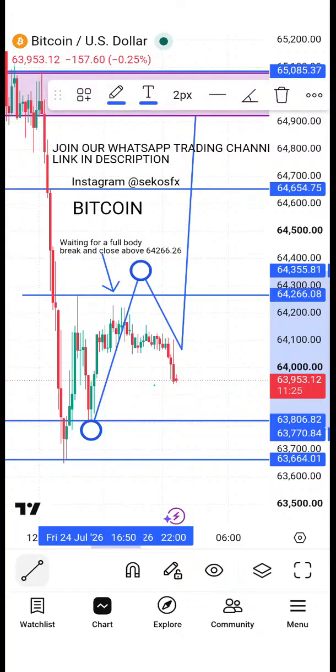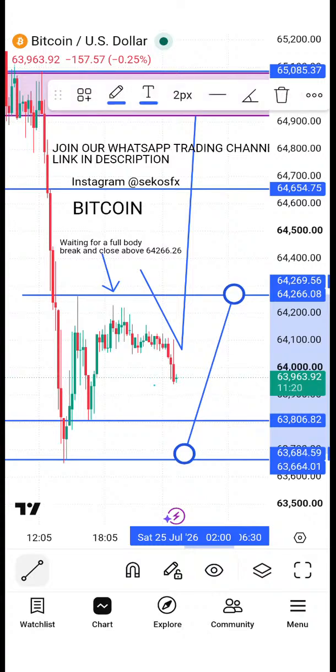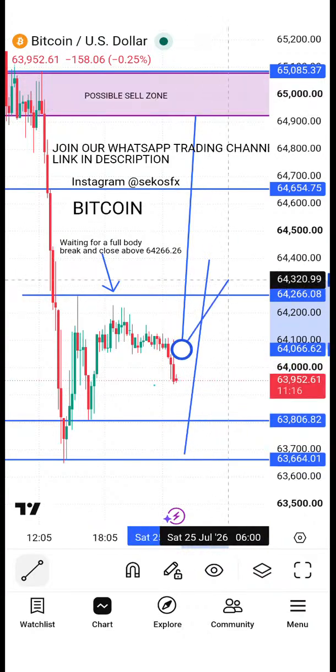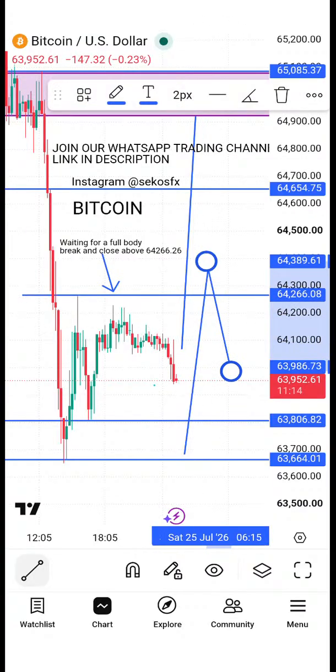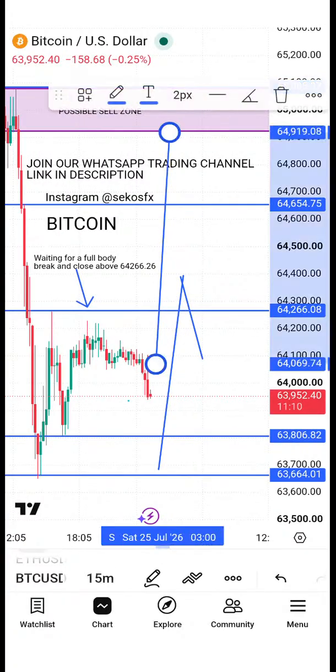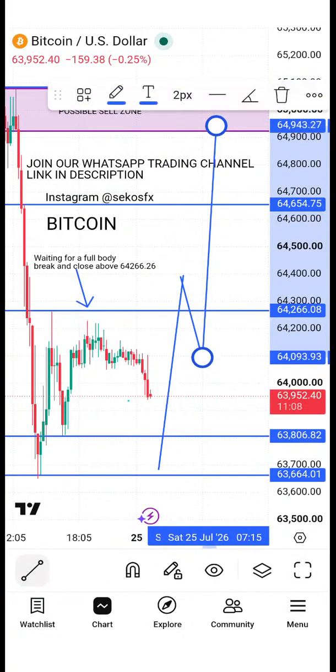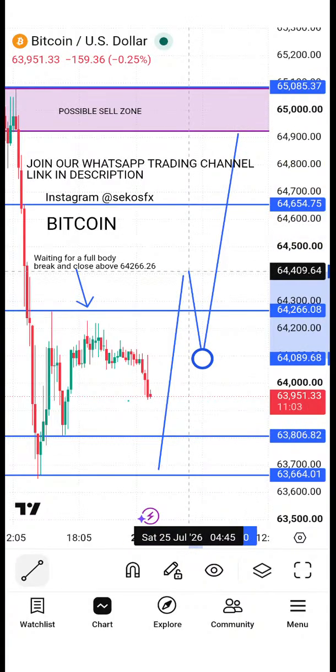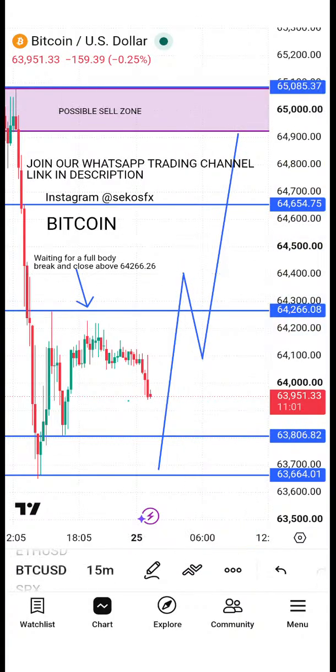But we are still waiting for the market to do something like this. Okay, still waiting.